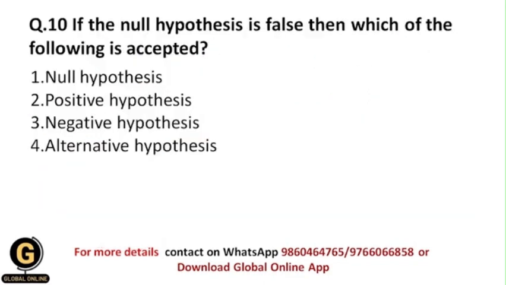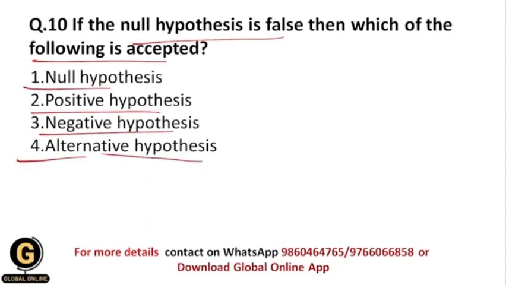Okay. Next is, if the null hypothesis is false, then which of the following is accepted? This is the easiest question, students. Whenever we reject the null hypothesis because it is false, what type of hypothesis are we going to accept? Whether it is null hypothesis, positive hypothesis, negative hypothesis, or alternative hypothesis.